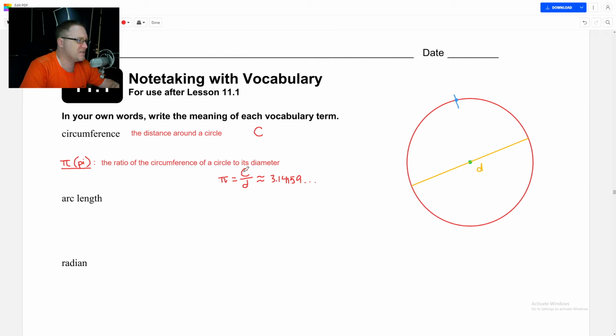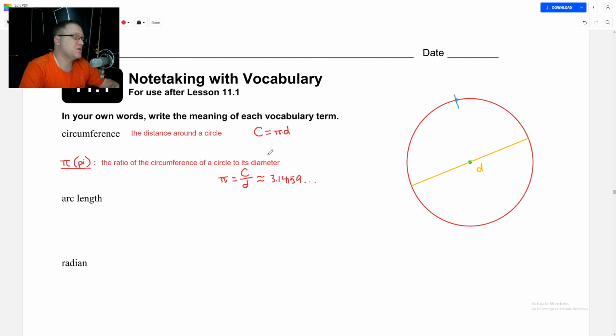So we'll have c equals pi times d. So c equals pi times the diameter. That's a rule you should remember. If you know the diameter, then you can find the circumference. You just multiply by pi, and you've got the answer.